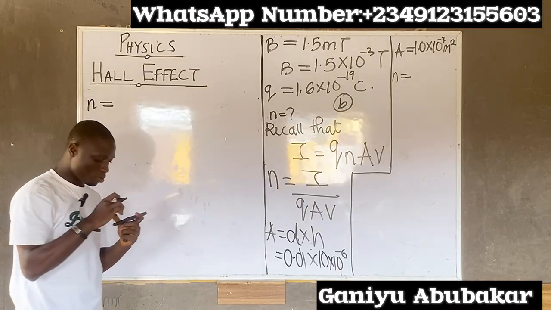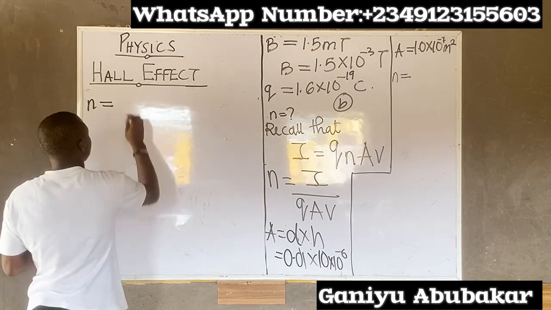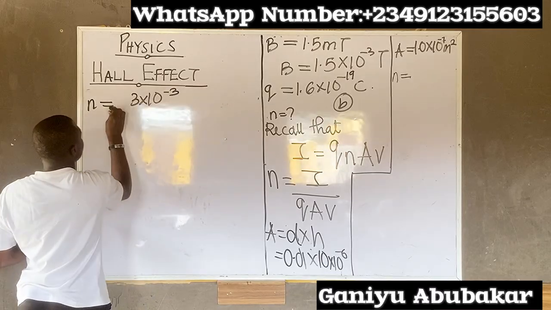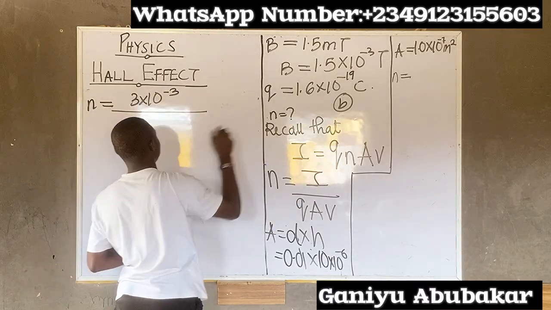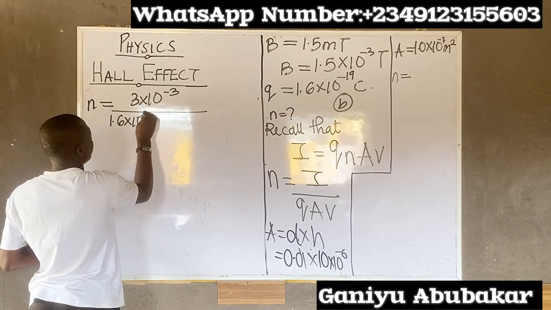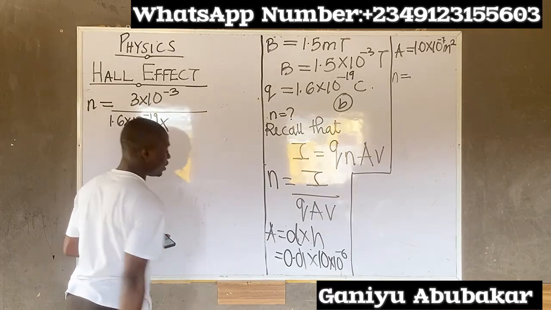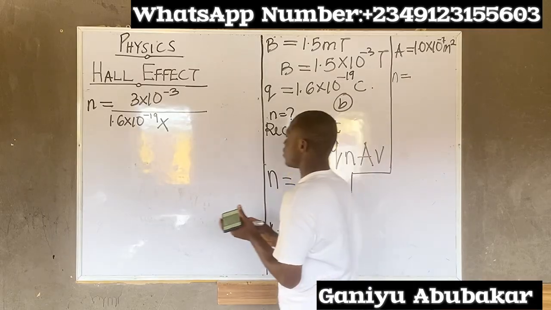Let me get the value. I is 3 times 10 to the power minus 3, all over what's Q? Q is constant. That's this value here, 1.6 times 10 to the power minus 19, times what's A? I'll just get the value as this one here.